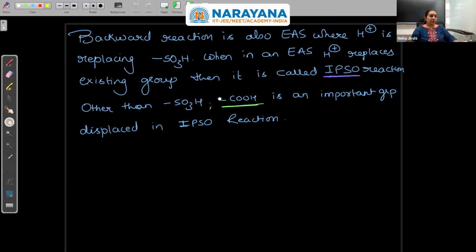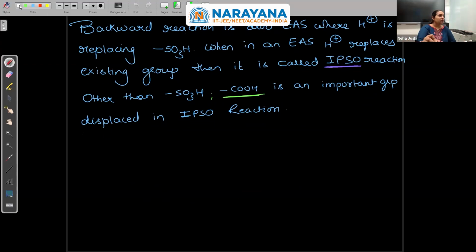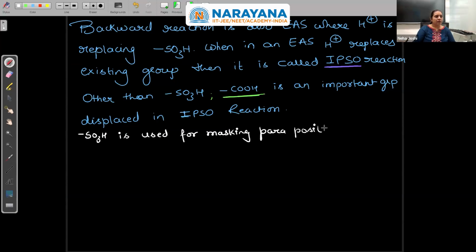Halogenation of benzene. Coming to this. As it is easily introducible and removable, SO3H is used for masking para positions because it is easily introduced and removed.